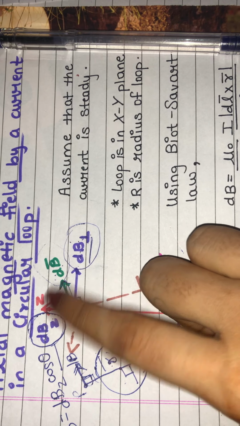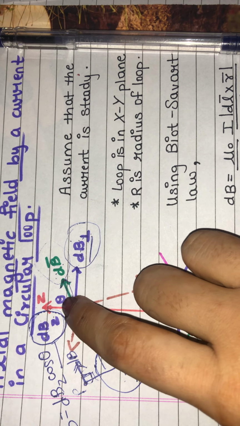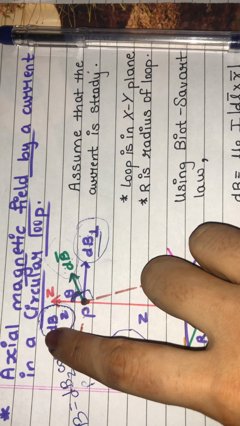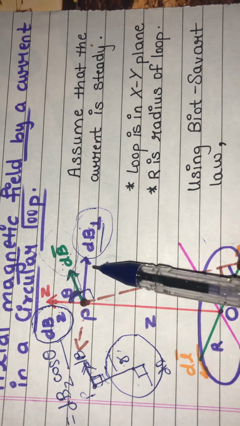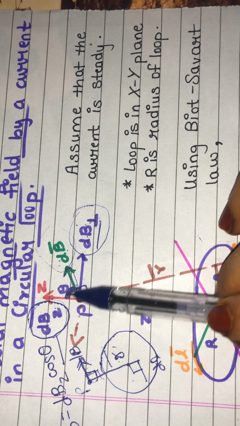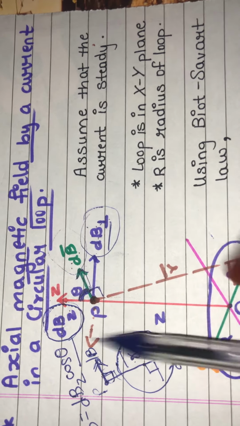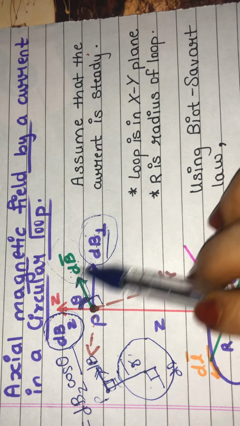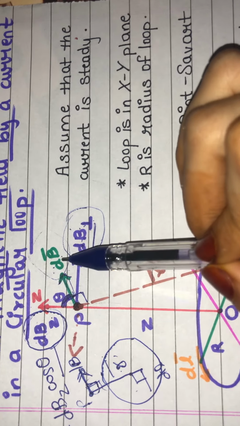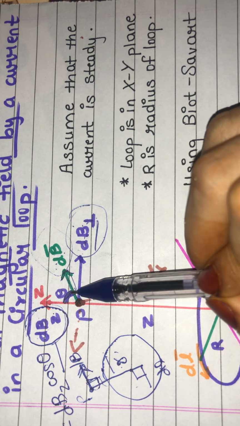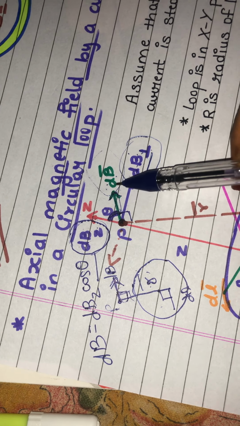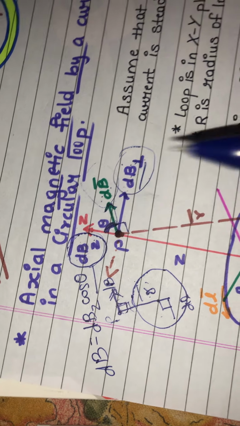Okay, there are two components. dB is making 90 degrees with dBz, see this 90 degrees, and dBz is making angle theta with dB. This is shown. Now what happens? There are two components. Now dB and dBz have angle theta between them. So dBz can be written as dB cos theta.